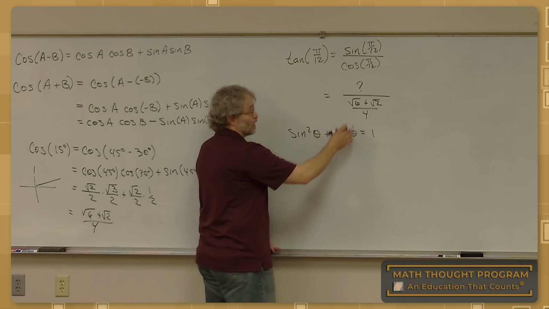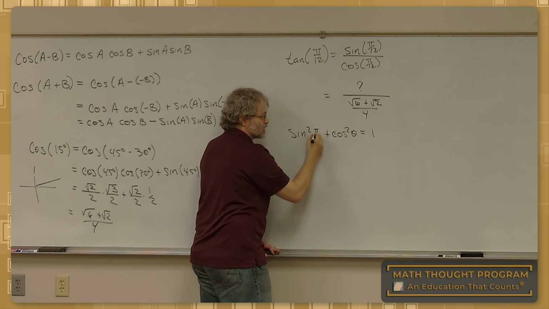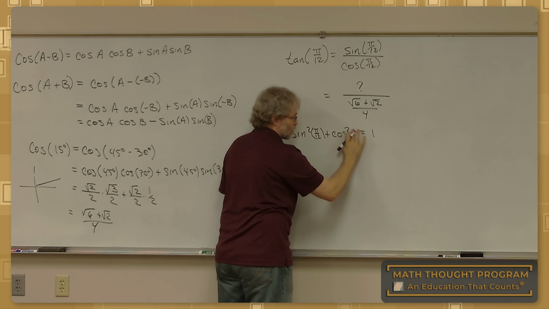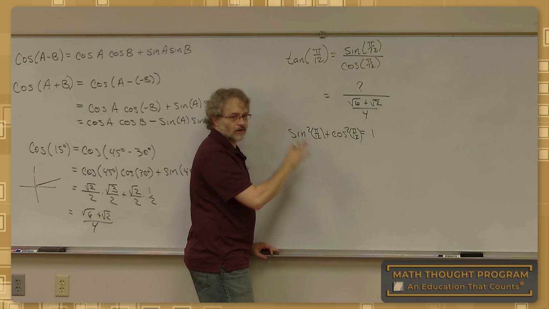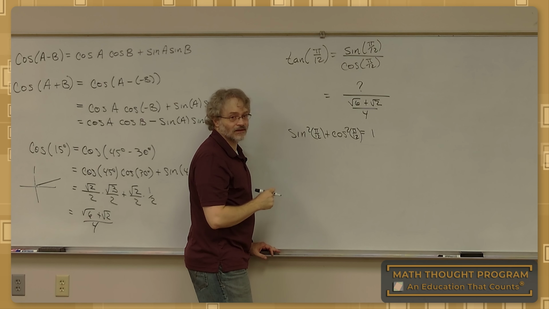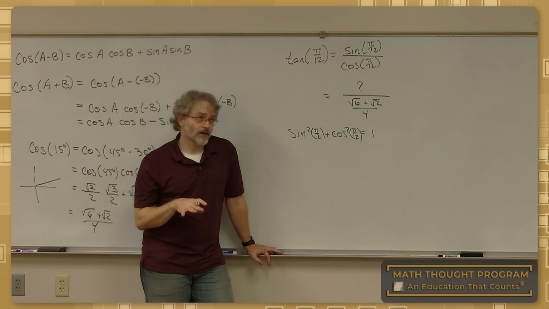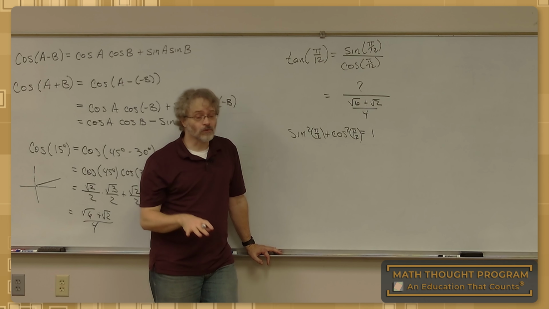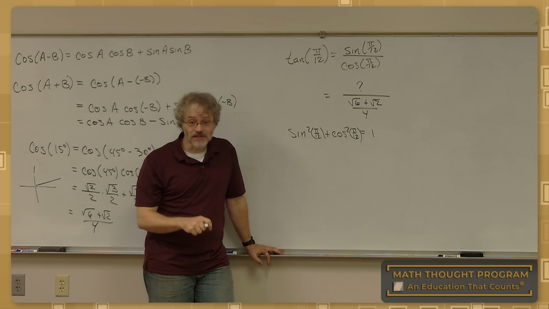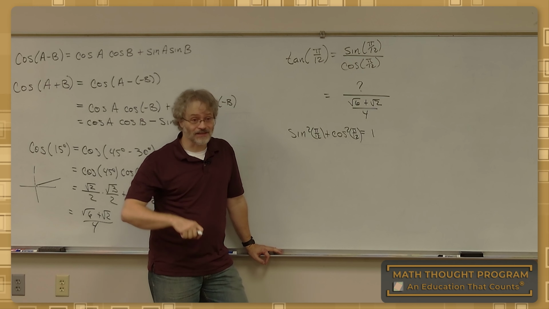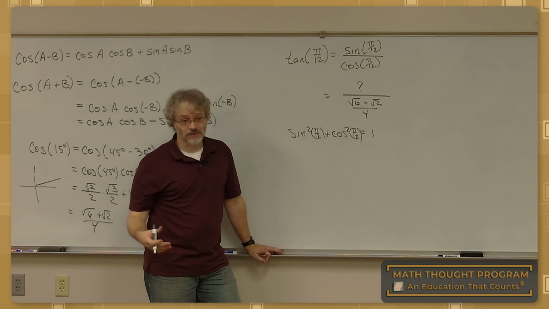So if I want to figure out what happens here, I plug things in, and then I can solve for the sine. The question is, whenever I solve for sine, am I going to take the principal root or the negative root? Because whenever you take the square root, you have to stipulate not just the root, but plus or minus the root.